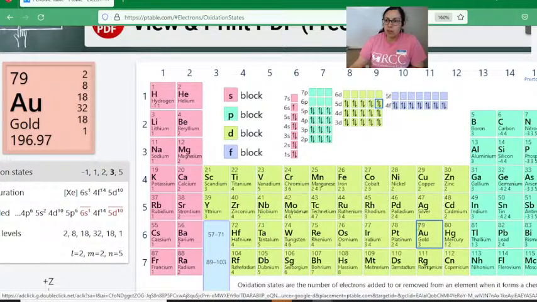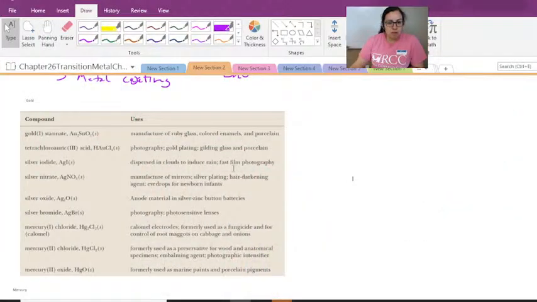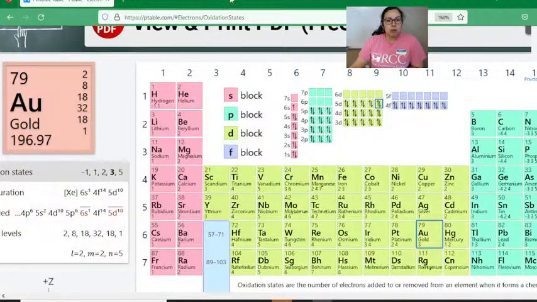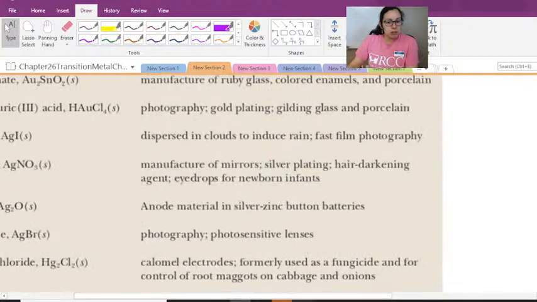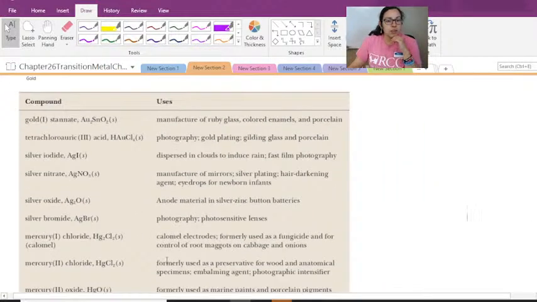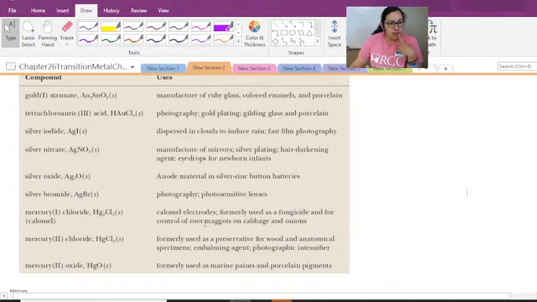Gold is also a big catalytic workhorse, so you can get it to do all sorts of catalytic transformations just because it's gold. The lower elements will not do that. I'll try to pull up a paper on gold so you can see. Gold stannate can be used in ruby glass. What else is gold good for, other than catalytic compounds?